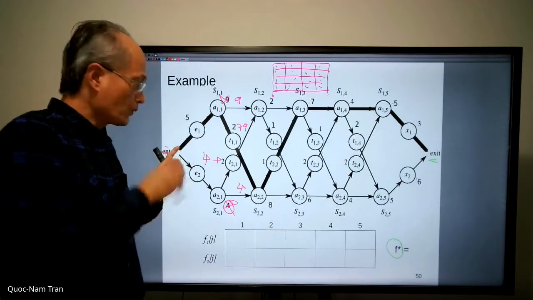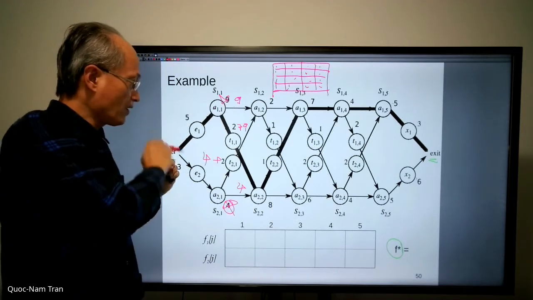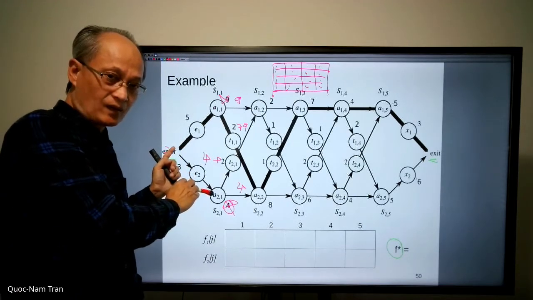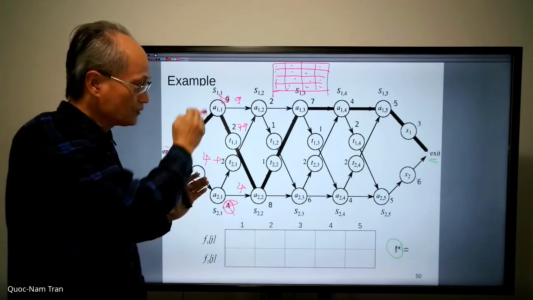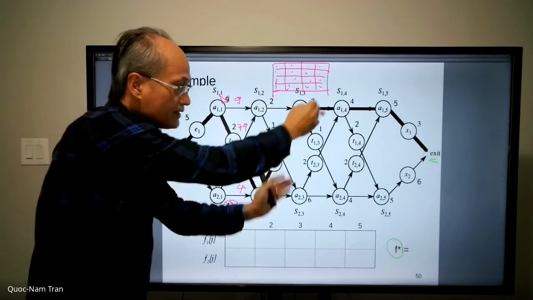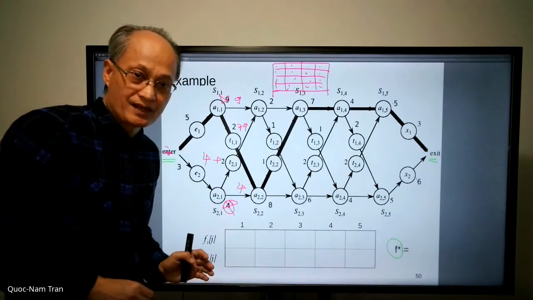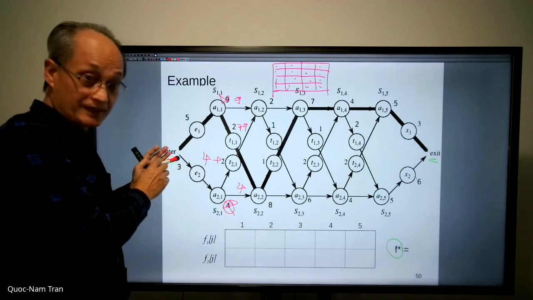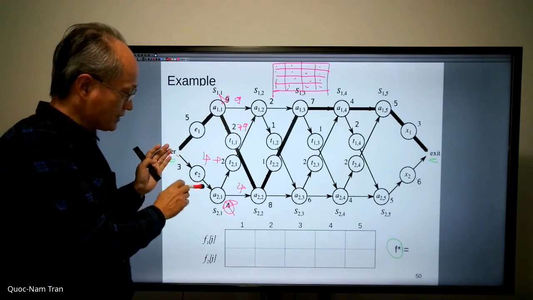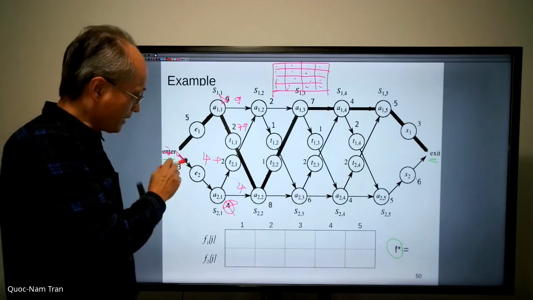Now we start looking at all of the adjacent nodes. Here we have two adjacent nodes, and we update the values at every node, pick the smallest one, and we follow this path.